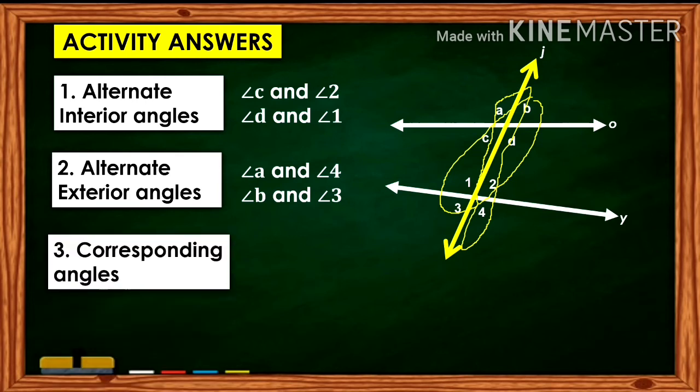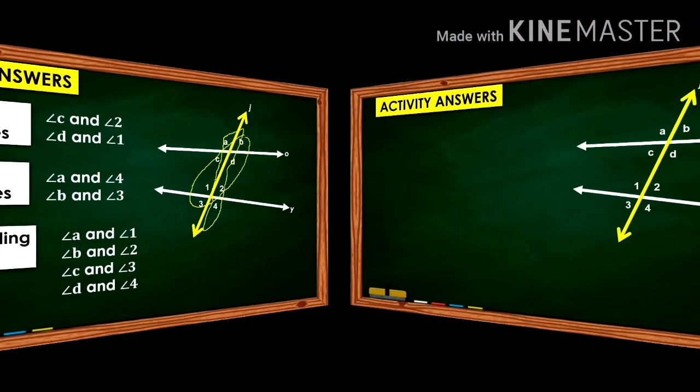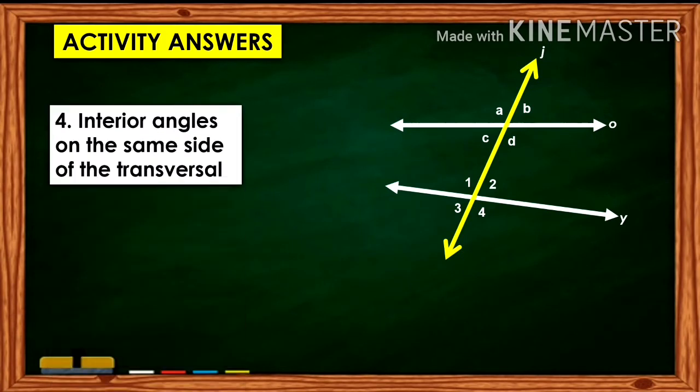Next one is corresponding angles. So angle 1 and angle A, angle B and angle 2, angle C and angle 3, angle D and angle 4. Next. For number 4, interior angles on the same side of the transversal.